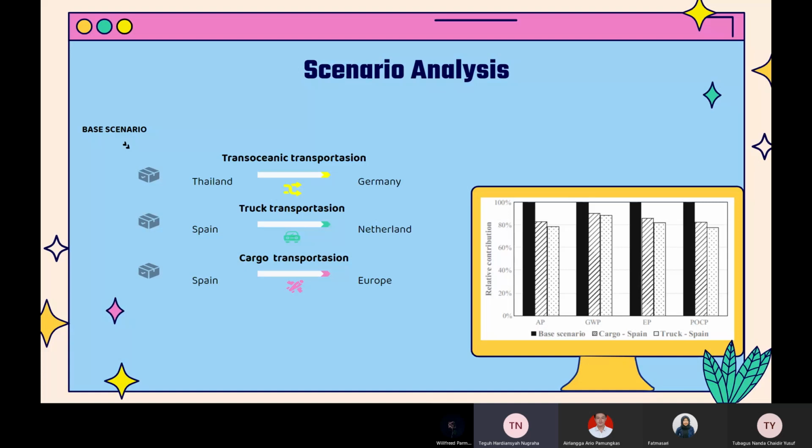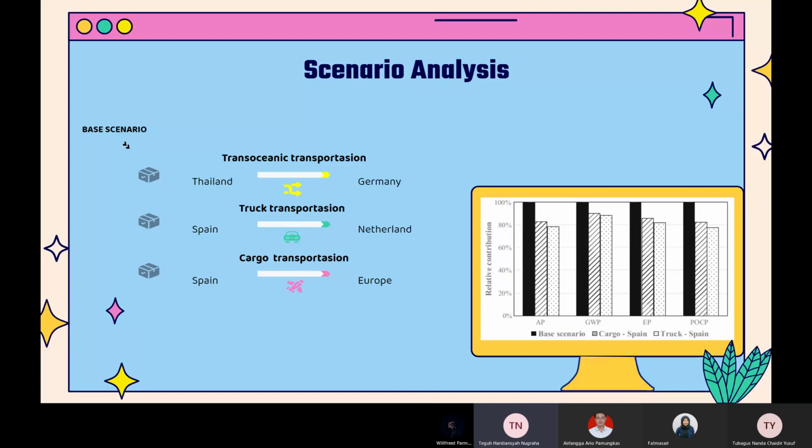Although there was no significant change in most of the impact categories, as can be seen on the side chart, there is change in the most significant impact categories, that is acidification potential or AP, global warming potential or GWP, eutrophication potential or EP, and photochemical ozone creation potential or POCP.